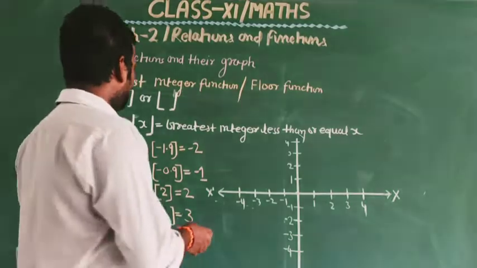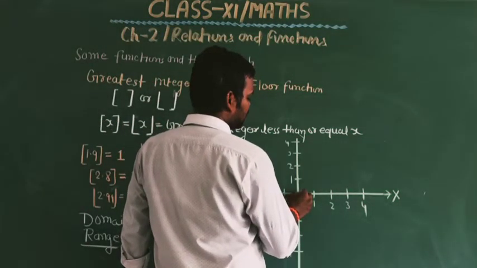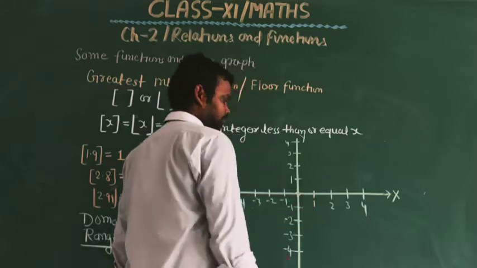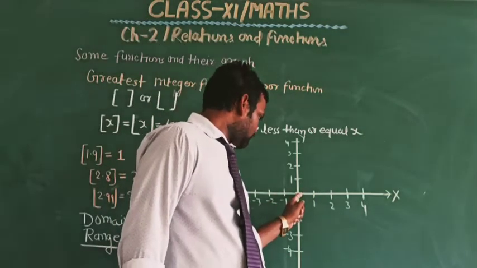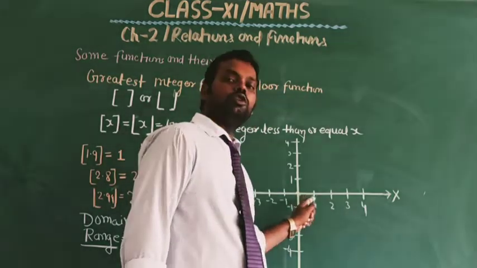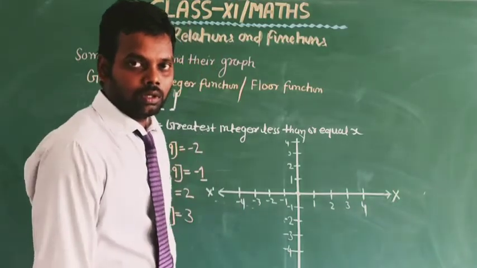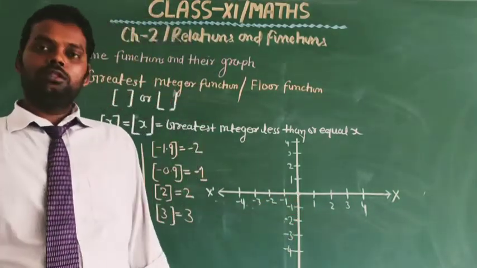So here we see for any value from 0.1 to 0.9, the greatest integer function is 0.